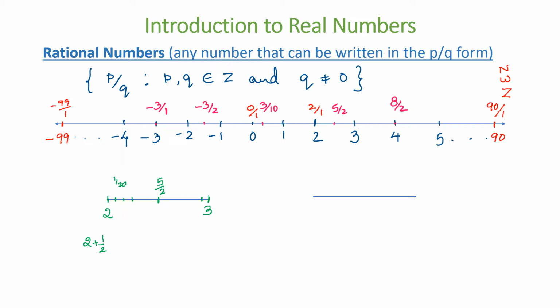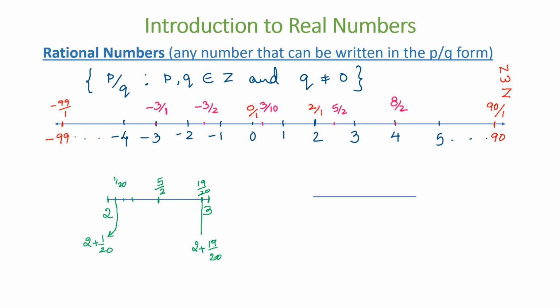In the same way, if I'm looking at the last part over here, this is going to be 19 by 20. So I will say this point will be equal to 2 plus 19 by 20, and this part will be equal to 2 plus 1 by 20.